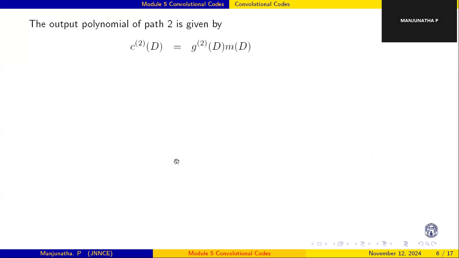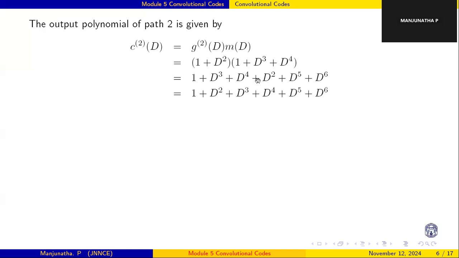Similarly, the output for the second path is (1 plus D squared) times (1 plus D cubed plus D to the power of 4), which gives 1, D squared, D cubed, D to the power of 4, D to the power of 5, D to the power of 6, that is 1 0 1 1 1 1 1.